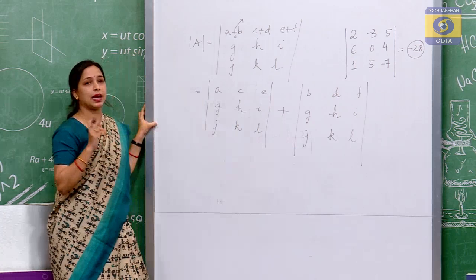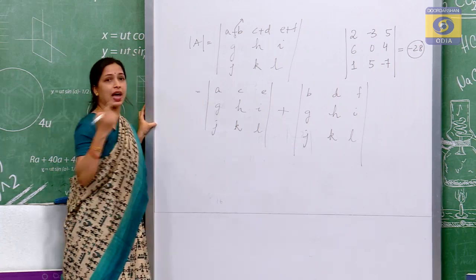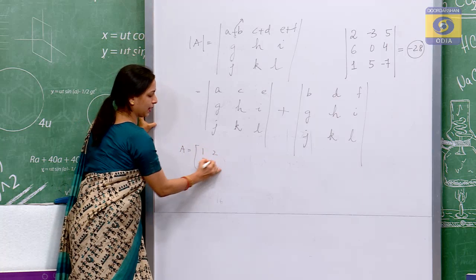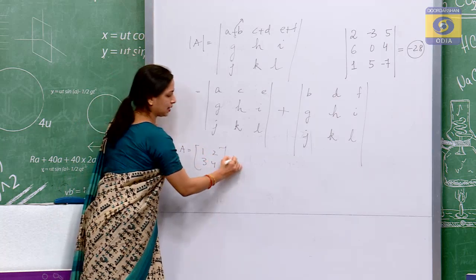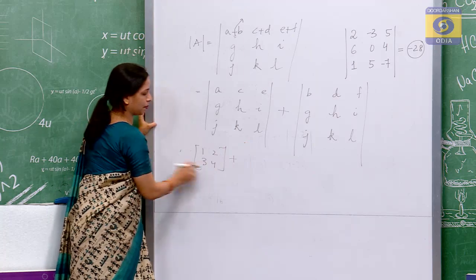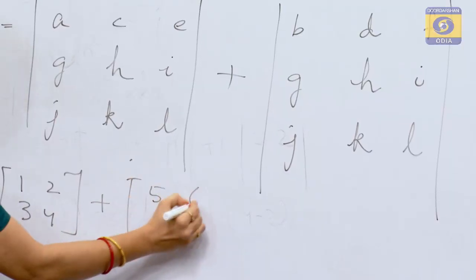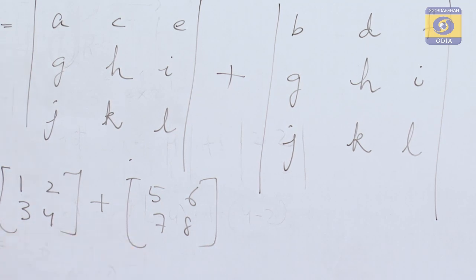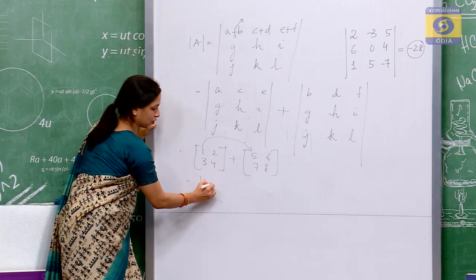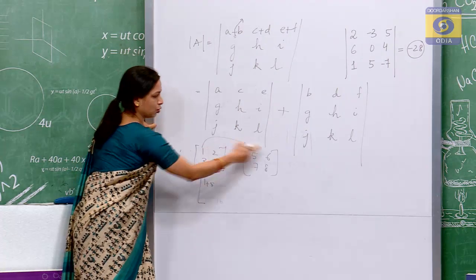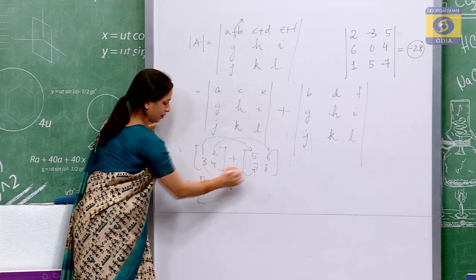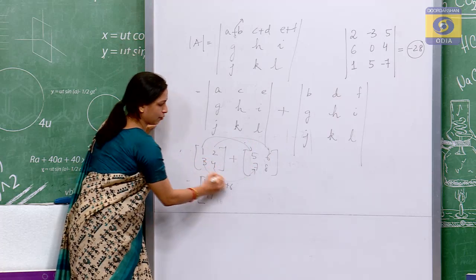Now, remember in matrices how we add or subtract. For example, if this is one matrix, let us say with 1, 2, 3, 4, and this is another matrix, let us say 5, 6, 7, 8. How do we add in matrices? We add the corresponding elements like this, 1 plus 5, 2 plus 6, 3 plus 7 and 4 plus 8.